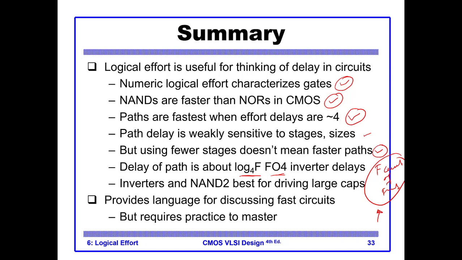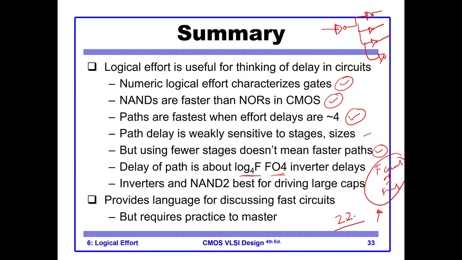For example, if 22 something is the total delay, you divide it by the delay of this circuit, which is FO4.